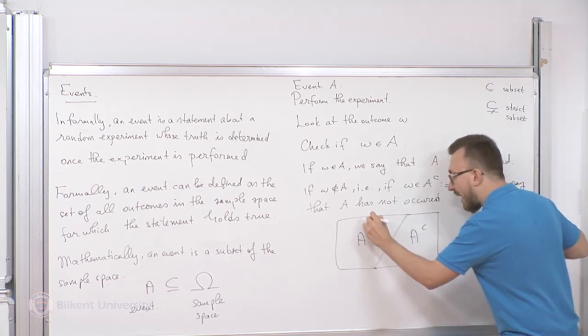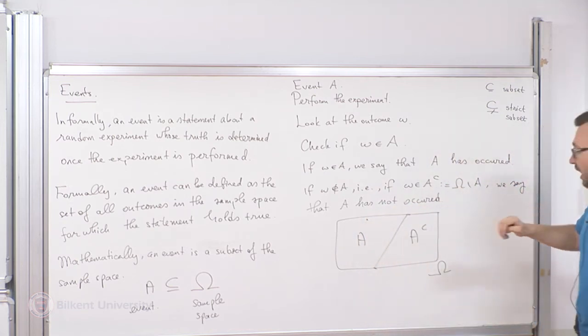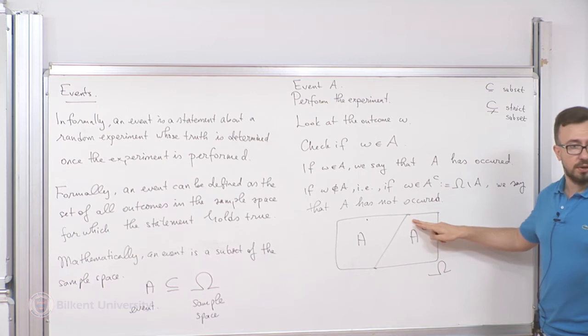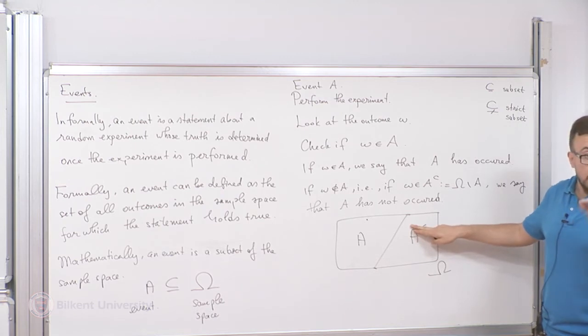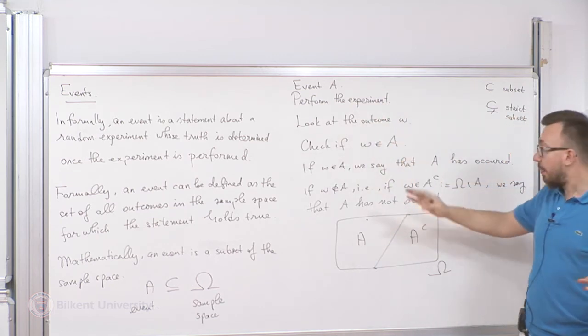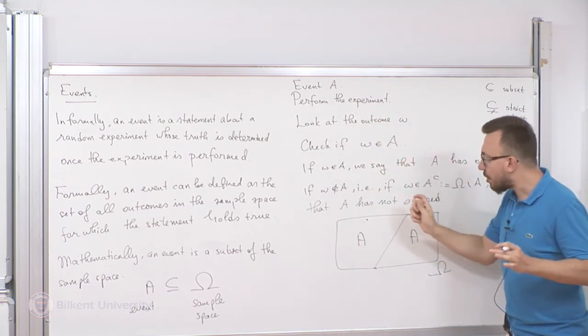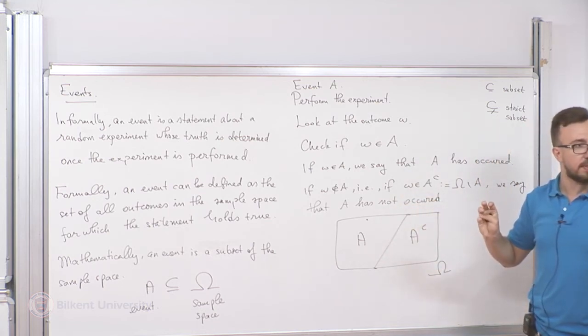If your omega is here, this event occurs. Otherwise, it does not occur. Okay? We only know this once we perform the experiment, meaning that once we know omega itself. We know A itself from scratch, from the beginning. We know A as a set. We just don't know if omega falls into this part or this part. That's the only difference. Okay?